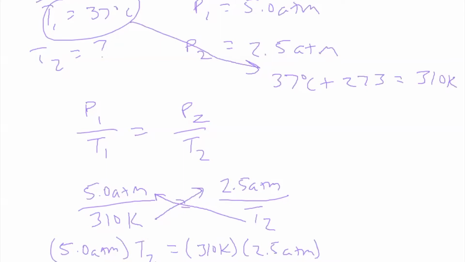So let's see what that gets you. If we do 310 times 2.5, it gives us 775. And that would be Kelvin times atmospheres for the units. Let me go ahead and erase the top part here so I can write this.